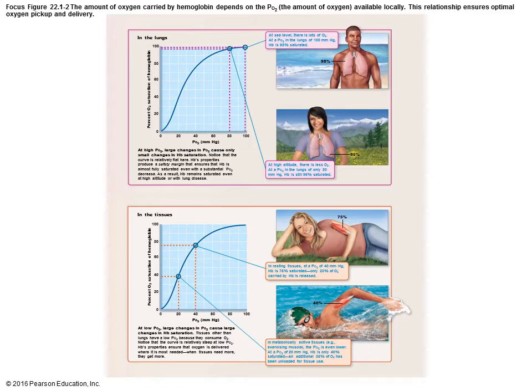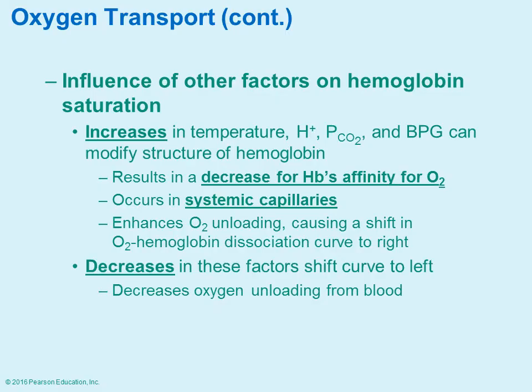And there are different relationships, some of this we'll talk about in a bit, of how the loading and unloading, and the percentage saturation of the hemoglobin, is related to activities. It's related to things such as even elevation, and those will be discussed at the end of this chapter.